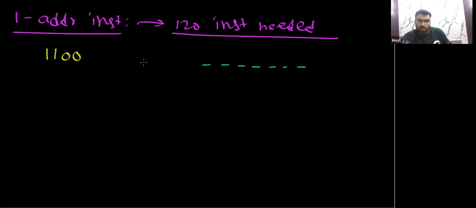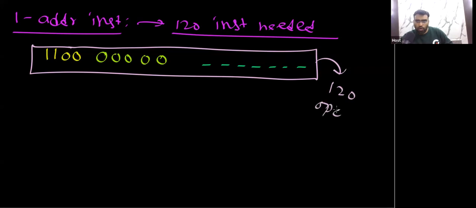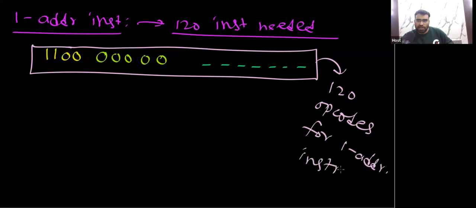So you can set 0, 0, 0, 0. From here you can create 120 opcodes for one address instructions.